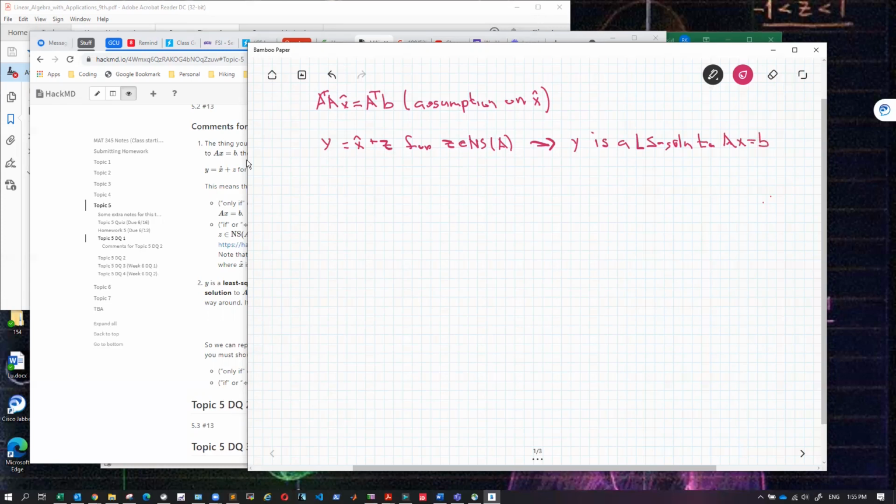This direction: we're assuming this and proving that. So we don't really need to expand on this.